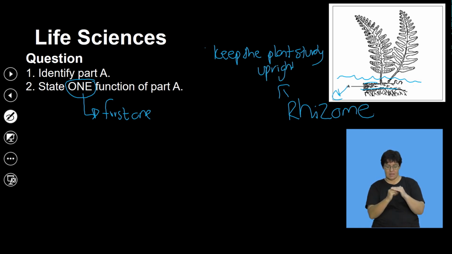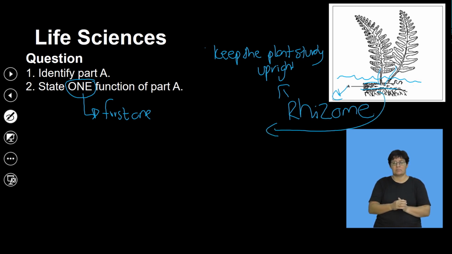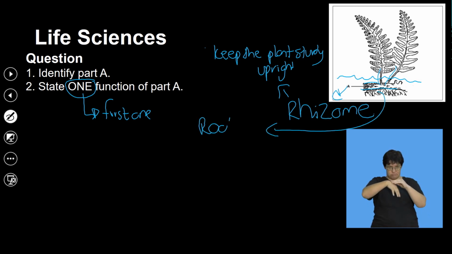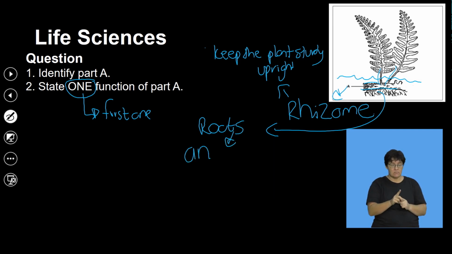Guys, what is it going to do? It's a base for the leaves. Right? What else does it do? What grows from the stem? The roots. Roots grow from the stem, and what does it do? It anchors the plant in the soil.